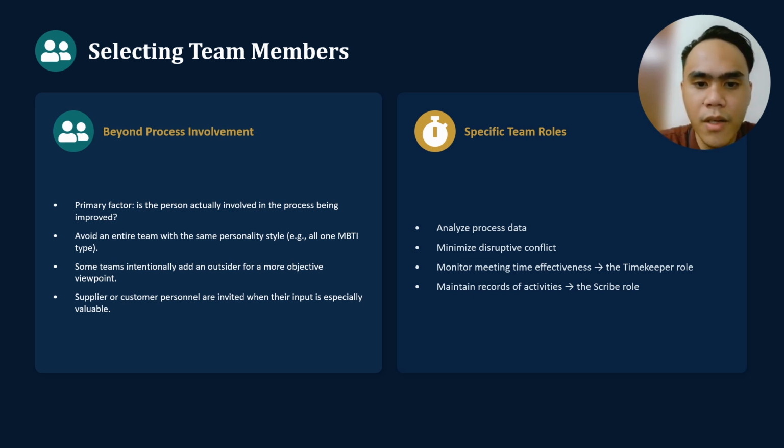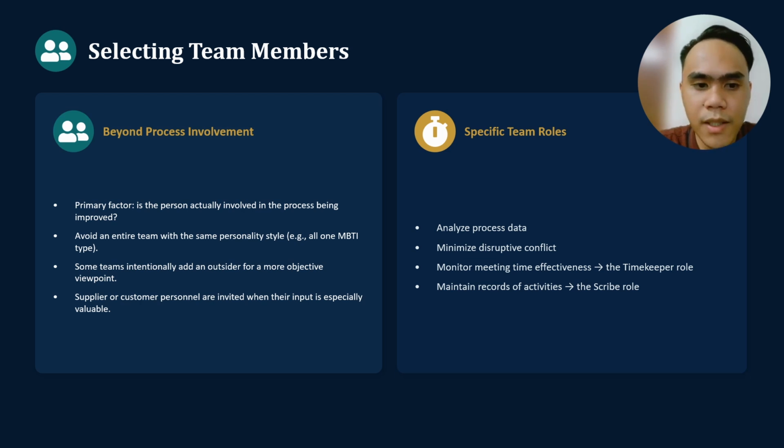So once you have the right mix of people, the team still needs specific functional roles filled, because there are distinct activities that must actually get done in any team effort: analyzing process data, minimizing disruptive conflict, monitoring whether meeting time is being used effectively, and maintaining records of what the team has actually done.